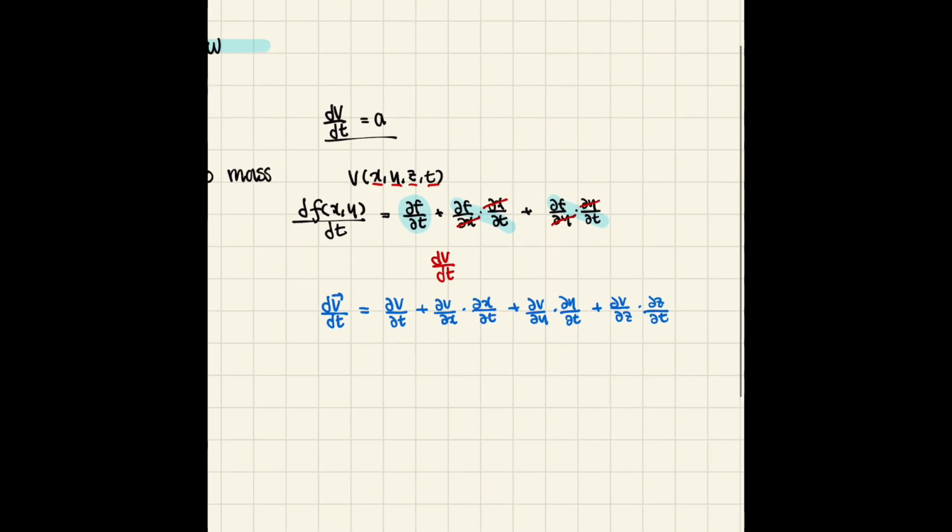This is the full derivative of a velocity function with respect to t, but you can see that it also contains x, y, and z variables inside there.